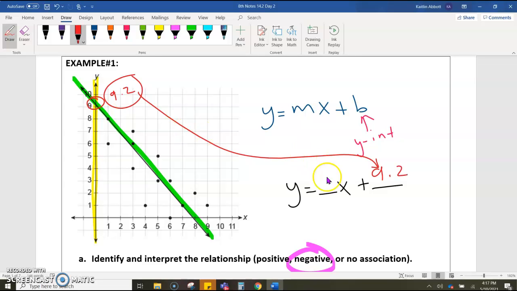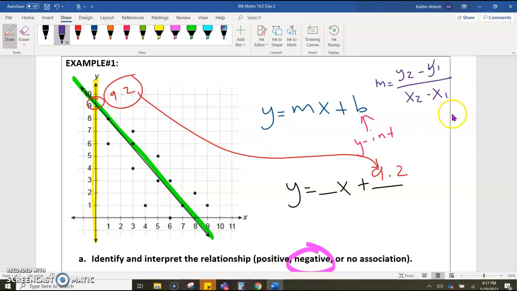So now I need one more spot in this equation. This is where we need a little more math to help us out. Remember our handy dandy slope equation to help us figure out what the slope is. Slope, so m equals y2 minus y1 over x2 minus x1.